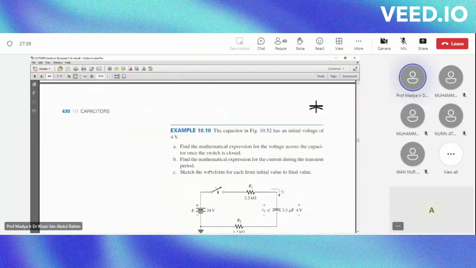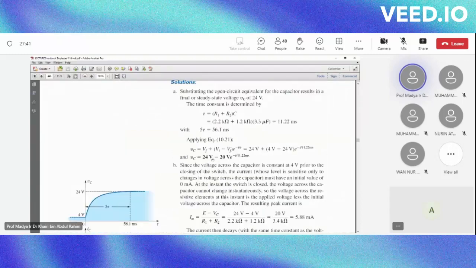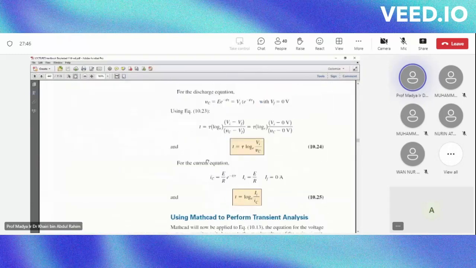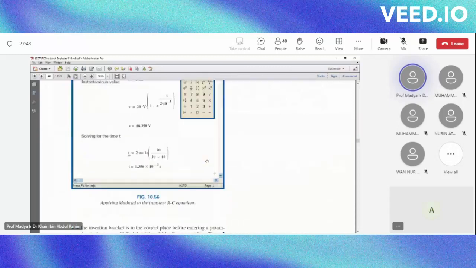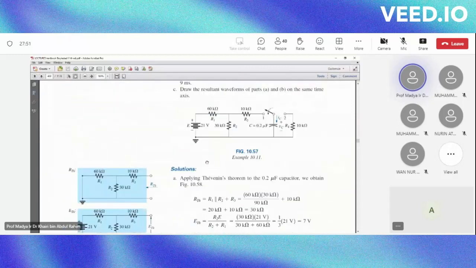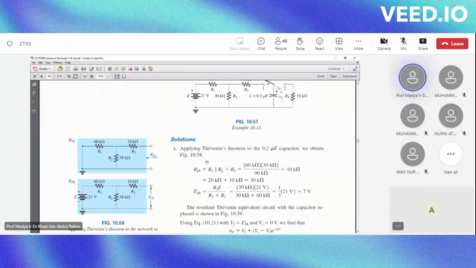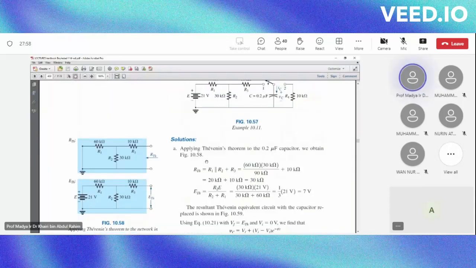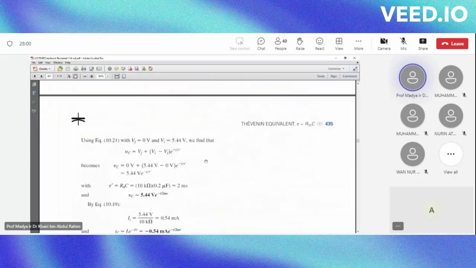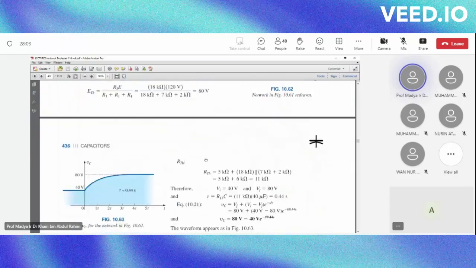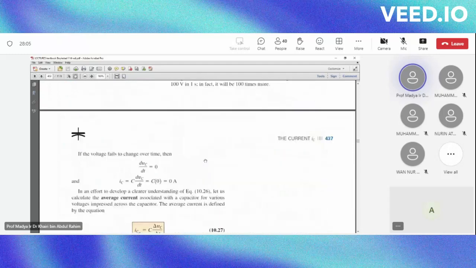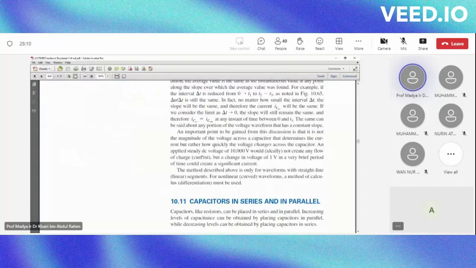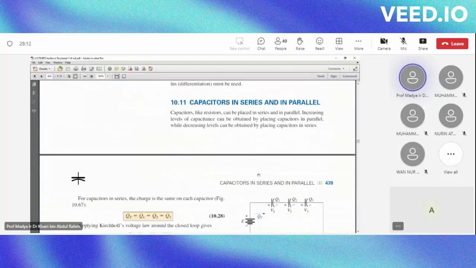So let's see, this one, capacitor in series and parallel.